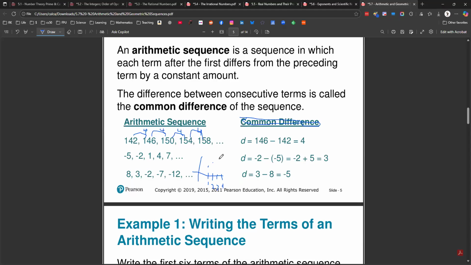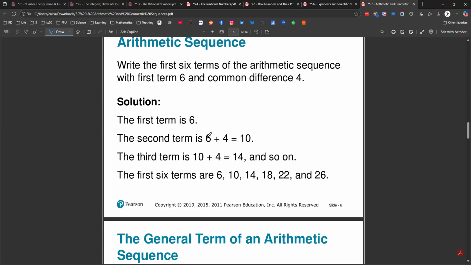And 3 would be up here at 150, sorry, and then at 154. So the difference here is 4 over 1. In other words, each time you go over 1, you're going to go up 4. So this is the slope of this line here, if you will. And that dictates that you have an arithmetic sequence. So it's the common difference between each term in the sequence. Okay, so that's what an arithmetic sequence is.